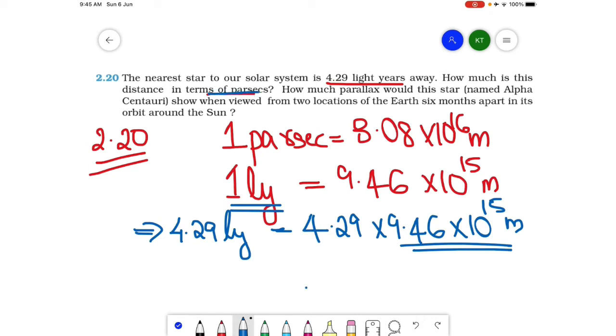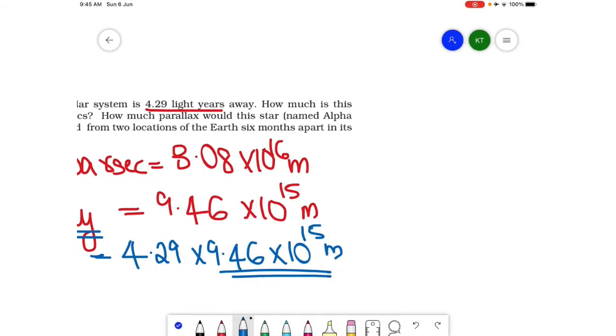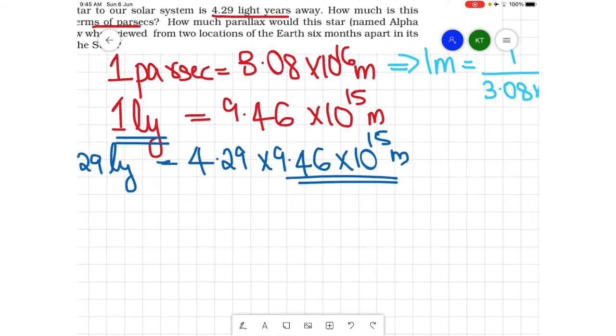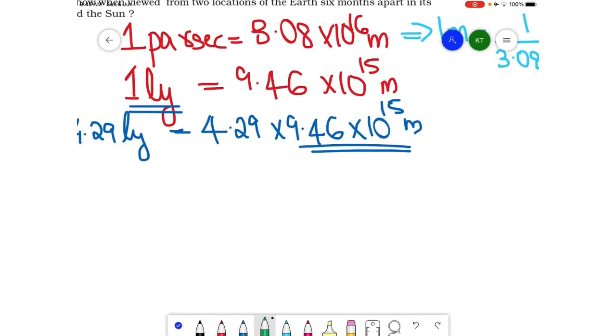But our question is, we need it in parsecs. So how do we do that? Okay. So from this, what do we know? From this we get 1 meter is equal to 1 by 3.08 into 10 power 16 parsec. Right? Therefore, we can convert this into parsec. How do you do that? We divide it by 3.08 into 10 power 16, because right now we've got 10 power 15 meters.